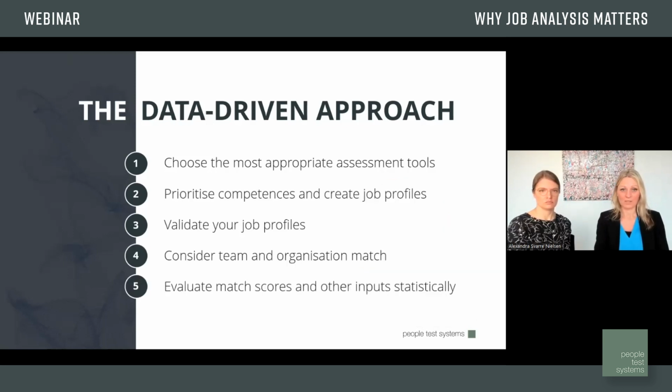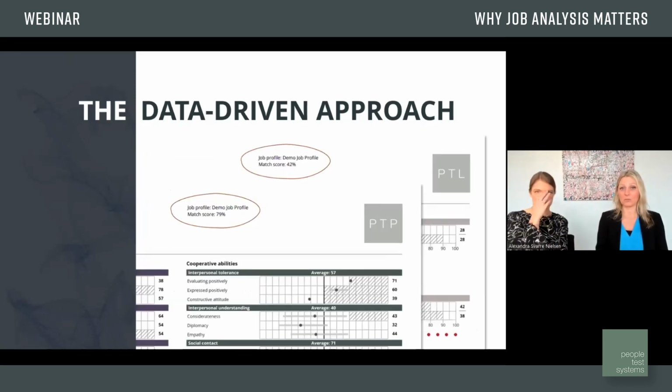And then evaluate your match scores and other statistics. What we talk about here is really what you know from the match score. When you click the job profile you have made in the beginning based on the job analysis, click it on the test result and create a match score. In that way you go the data-driven way, and you calculate it statistically to make sure that you stick to those demands instead of sticking to bias and preferences.